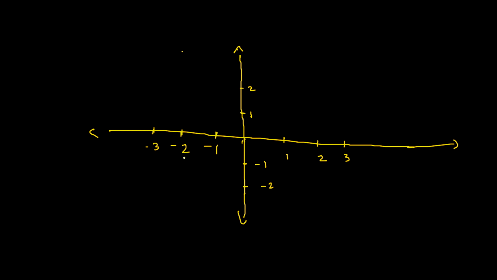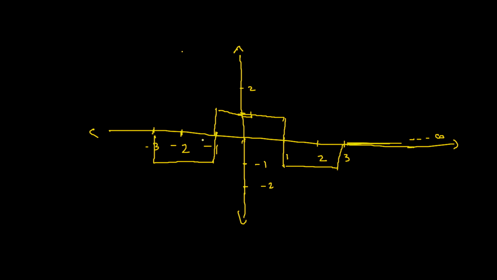Between -3 and -1, I had the value as -1, and between -1 and 1, I had the value at 1, and then again from 1 to 3, the value was -1, and after this, the value remains 0.